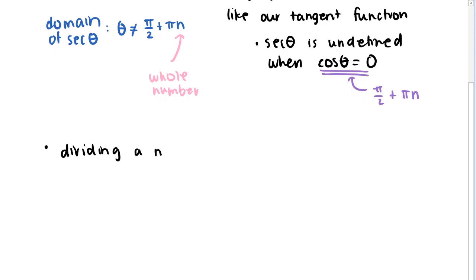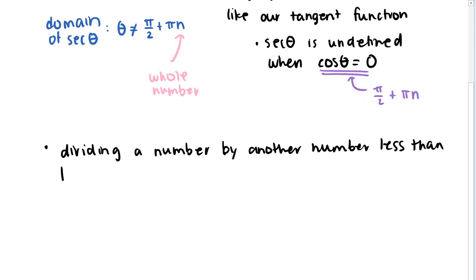So dividing a number by another number less than 1, near 0, some small number, results in a larger quantity.